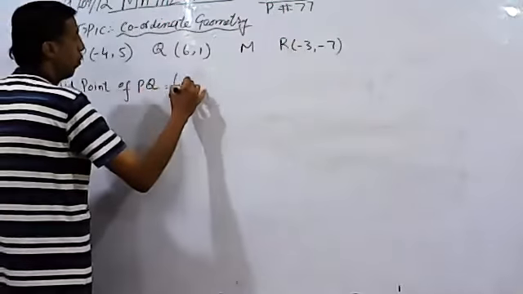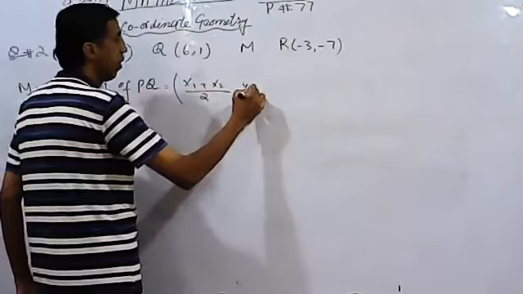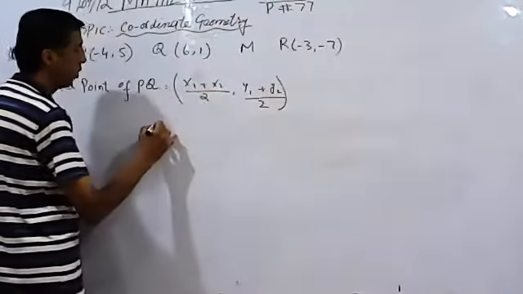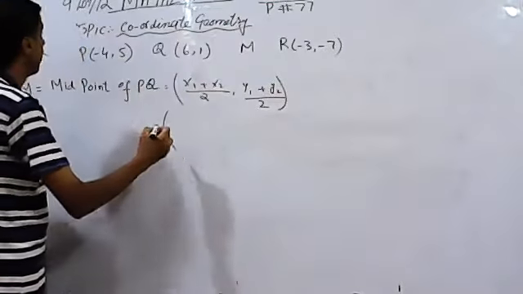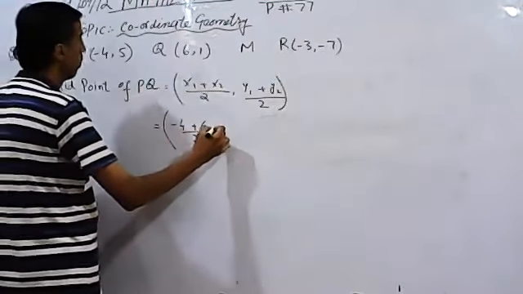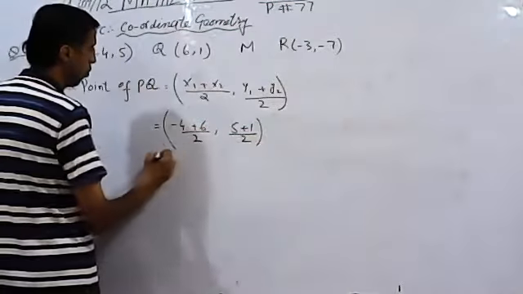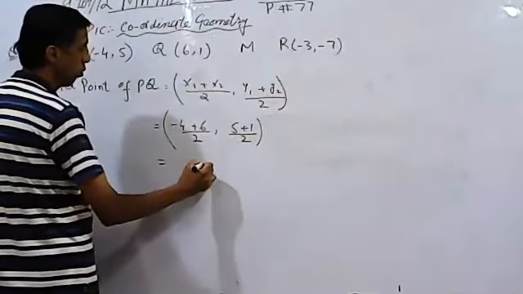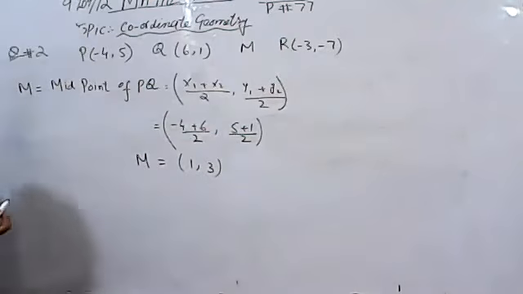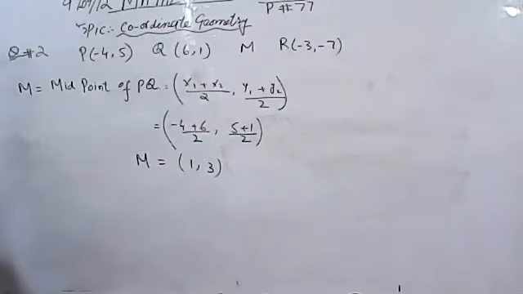Now, first write the formula. Now keep the values. The midpoint of PQ we get is (1, 3).